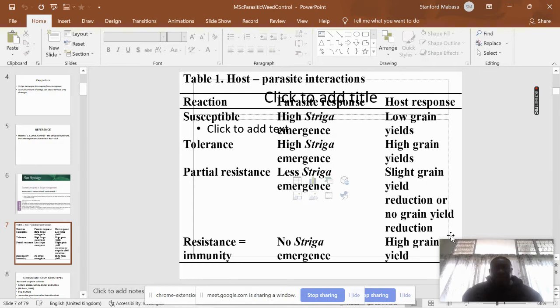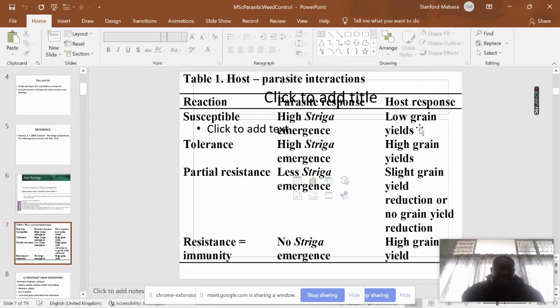Now let us look at the host parasite interaction. Now, if a crop genotype is attacked by striga, if it is susceptible, it's going to support high striga emergence, and it should give very low grain yields.